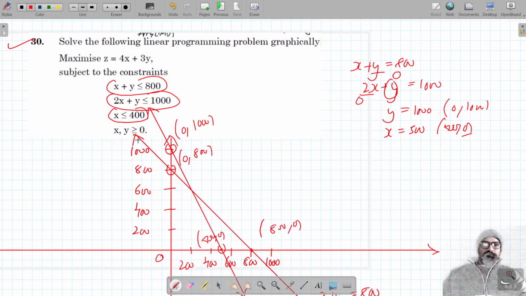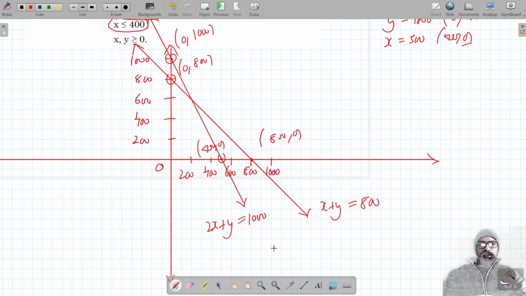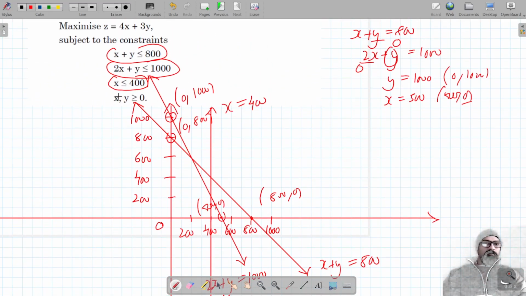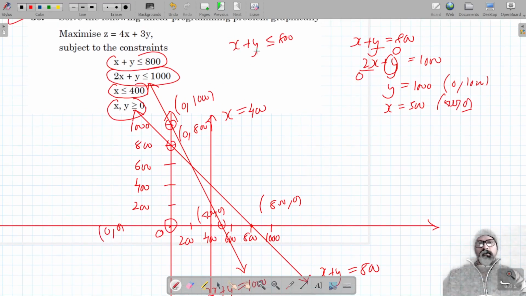Okay, now x is equal to 400 would be here. So this is x is equal to 400 parallel to the y-axis. Okay, now the rest of the constraints are x and y greater than equal to 0. It's in the first quadrant, so that means the feasible region is in the first quadrant. Now x plus y is less than equal to 800. Let's check it for the origin 0, 0. So if I put x and y 0, which gives me 0 is less than 800, which is true.